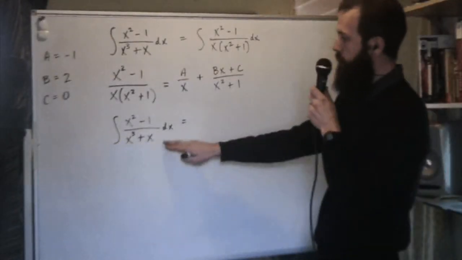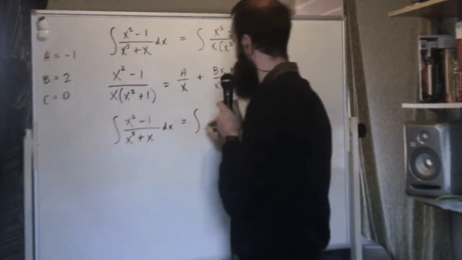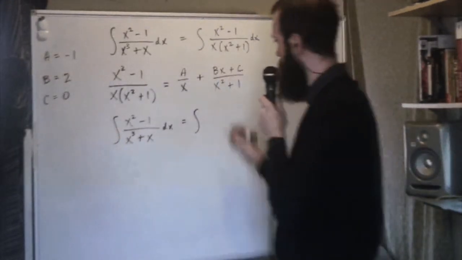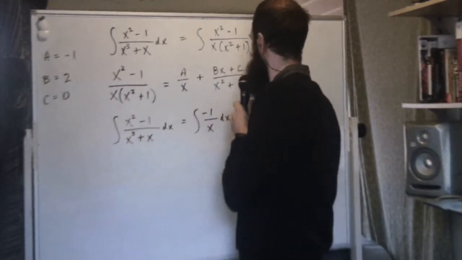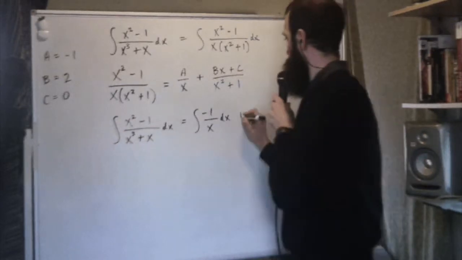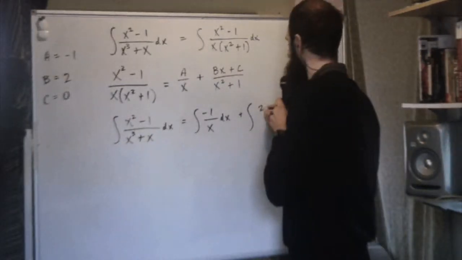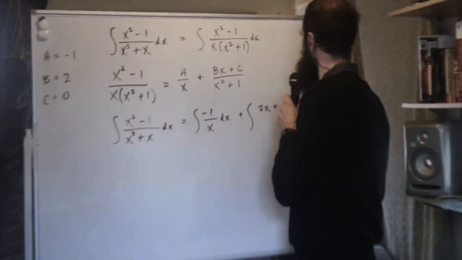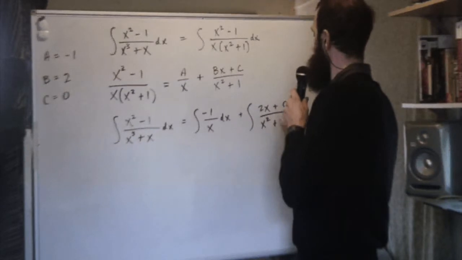So our original integral is now equal to the integral of a over x, a equals -1, plus the integral of bx plus c, where b equals 2 and c equals 0. And that's over x squared plus 1.